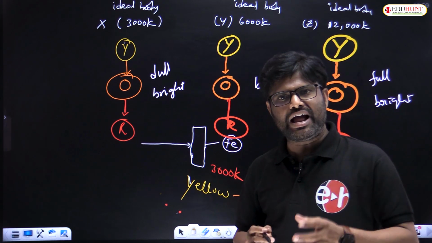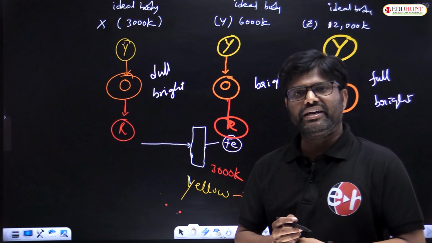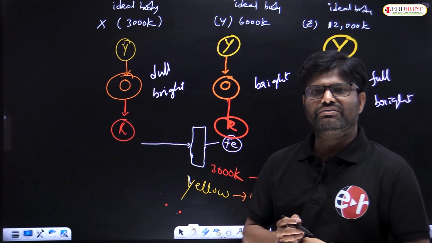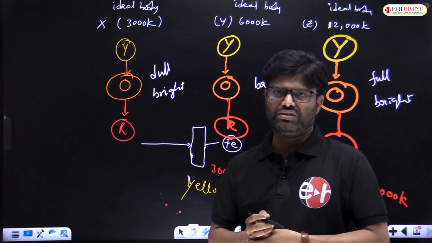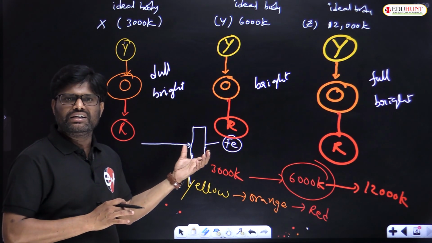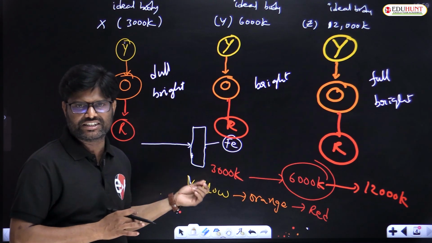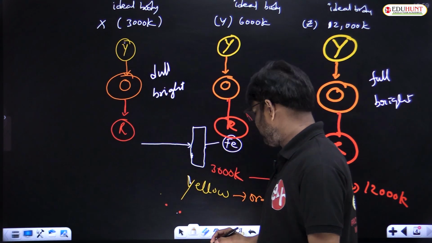We are taking carbon black and the hollow sphere coated inside with platinum black. So this is about the black body. To understand the graph, you should know about this. Right children? Let's go to the next graph.